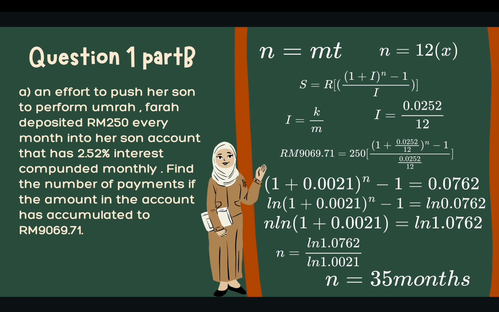After that, we simplify and calculate the fraction. The next step is to use a logarithm, which is ln, on both sides to bring n forward and find the answer. Next, divide them and the answer will be n equals 35 months.